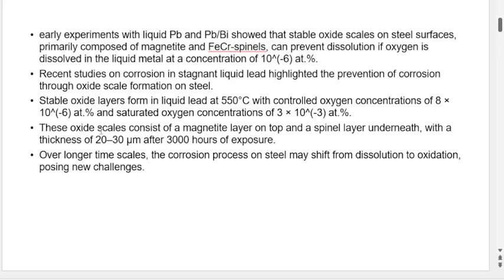These oxide scales consist of a magnetite layer and a spinel layer underneath, or what we call iron chromium spinels, with a thickness of about 20 to 30 micrometers after 3000 hours. Over longer time scales, the corrosion process on steel may shift from dissolution to oxidation, posing new challenges.